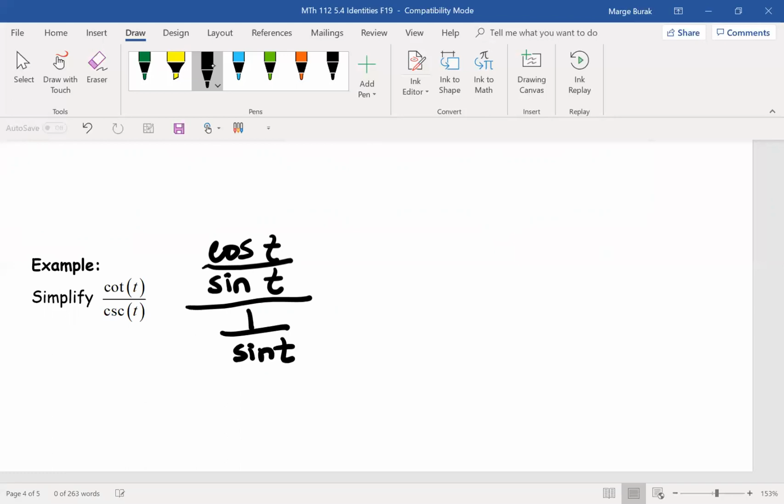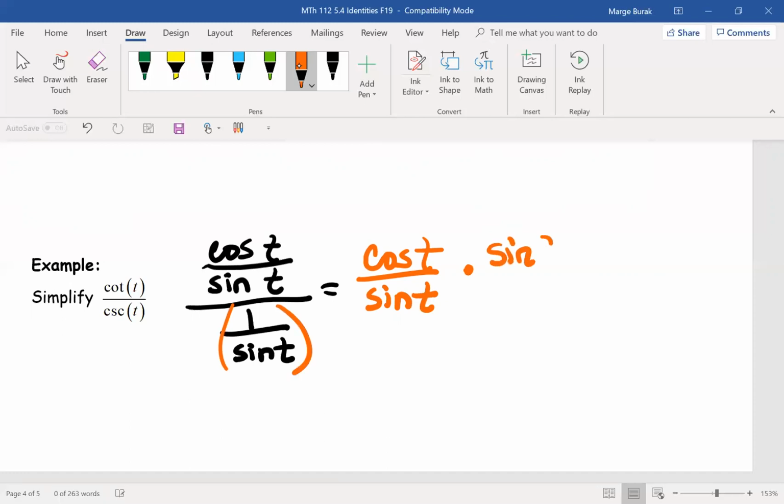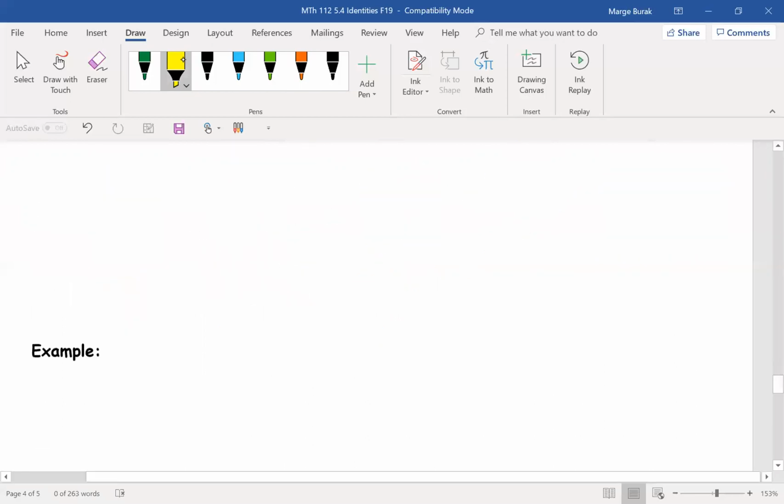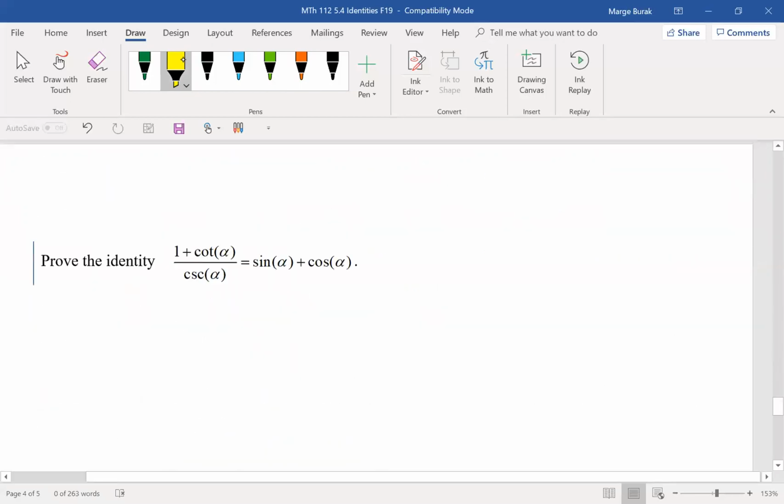You can check me on these. So let's keep the cosine of t over the sine of t, and it is going to be multiplied by the reciprocal, which is the sine of t. The sines cancel, and we're left with cosine of t. So this simplifies nicely.